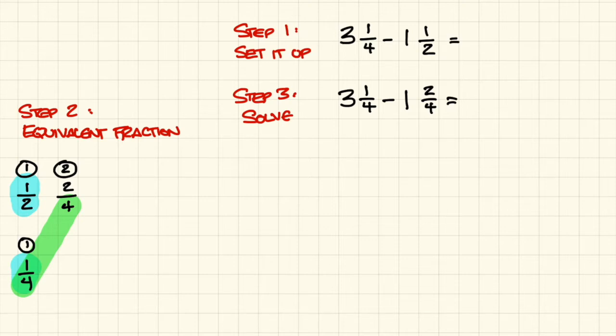To convert a mixed number to an improper fraction, what we're going to do is multiply the denominator times the whole number, and then add the numerator. So for example, I'm going to multiply 4 times 3, which is 12, plus 1 is 13, and then that would give me 13/4.